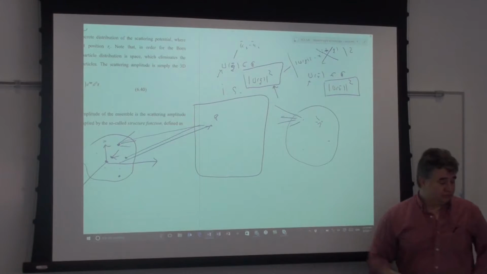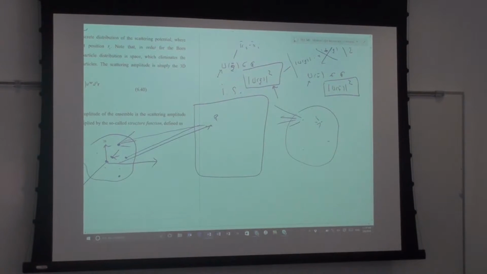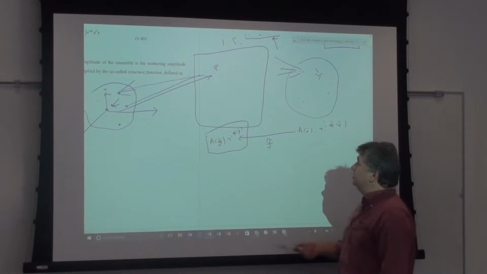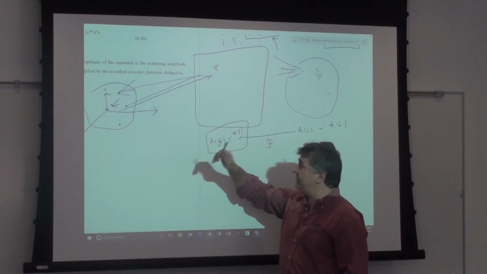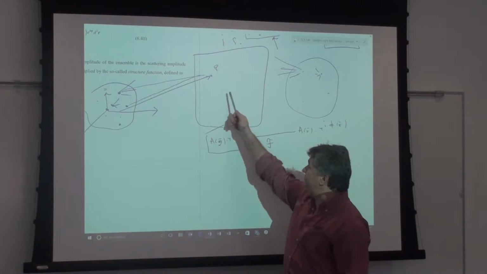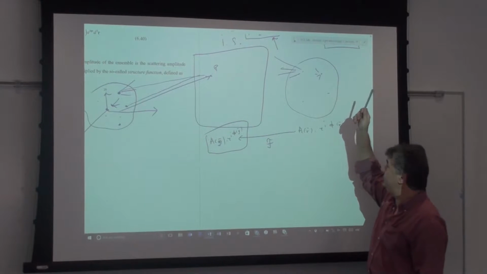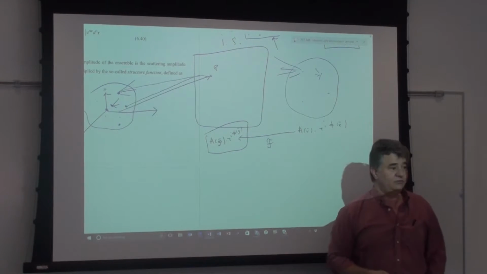Once you have that, so I have, let's say, amplitude of R, e to the i phase of R, then I can go back with the simple Fourier transform, and I'm getting actually amplitude of Q, e to the i phase of Q. And in fact, there are some advantages when you want, there are cases when it's better to measure the scattered field directly here, and there are other cases when it's better to measure actually at the image plane and then numerically Fourier transform it.